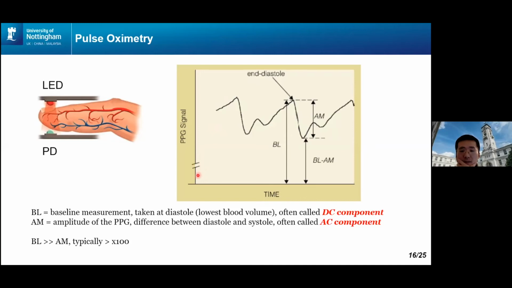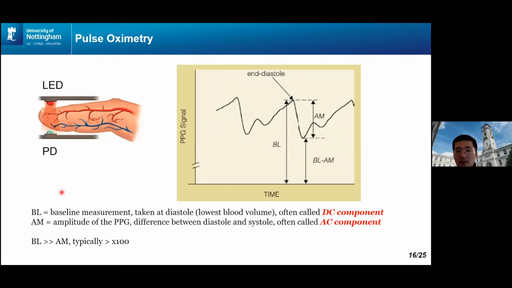As mentioned in the PPG slides, here is the PPG signal trace. The BL is the baseline measurement taken at the diastole phase, often called the DC component, and AM is the amplitude of the PPG, the difference between diastole and systole, often called the AC component.